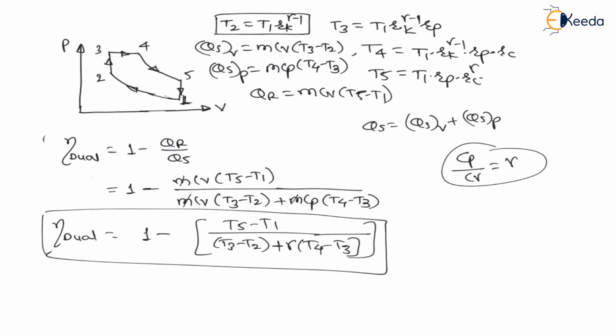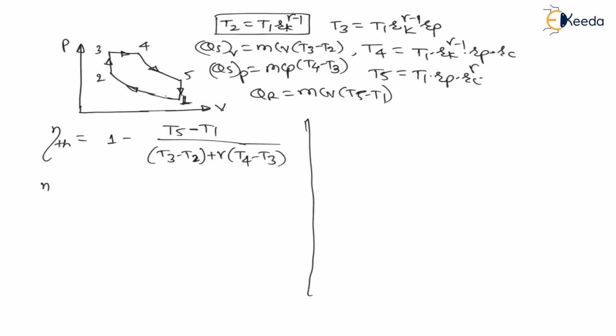So the simplified version becomes: thermal efficiency of dual cycle is equal to 1 minus, here T5 is T1 Rp Rc raised to gamma. Therefore T1 Rp Rc raised to gamma minus T1, whole divided by, now T3 is nothing but T1 Rk raised to gamma minus 1 into Rp, so T1 Rk raised to gamma minus 1 into Rp minus T2.